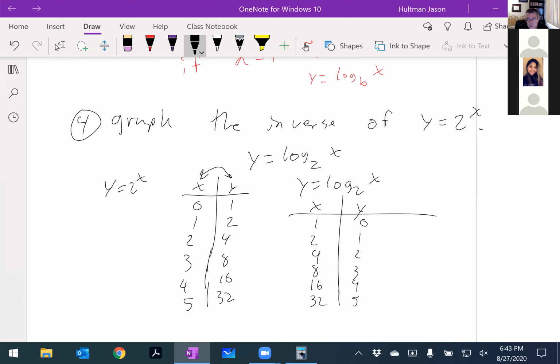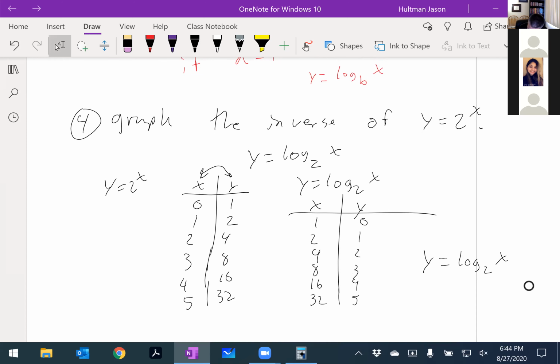If we look at this log function, it says y equals log base 2 of x. Let's plug in some values. Let's plug in 1 here.